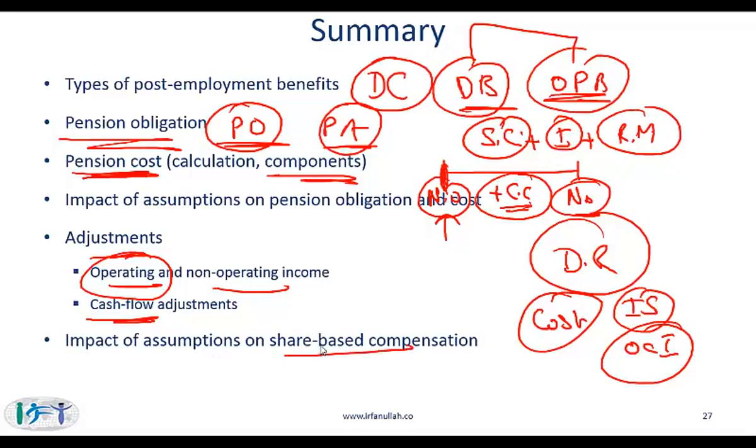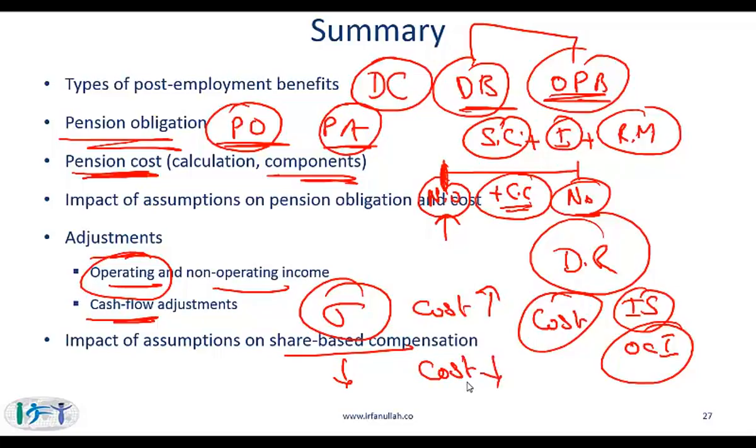Here, the most important points are that there are assumptions made in coming up with the cost of share-based compensation, and changes in those assumptions will obviously impact the cost. Higher volatility assumption will mean that the cost would be higher. If a company wants to manipulate earnings and show higher earnings, it can reduce the assumption about volatility, which would reduce the cost and make earnings look better.